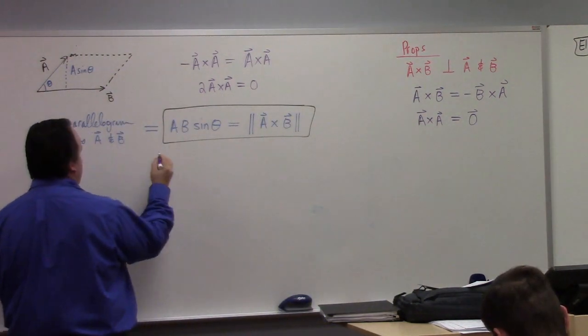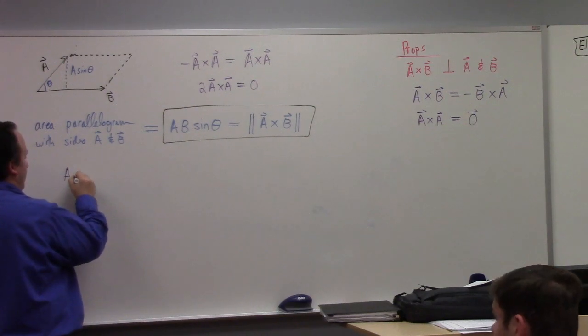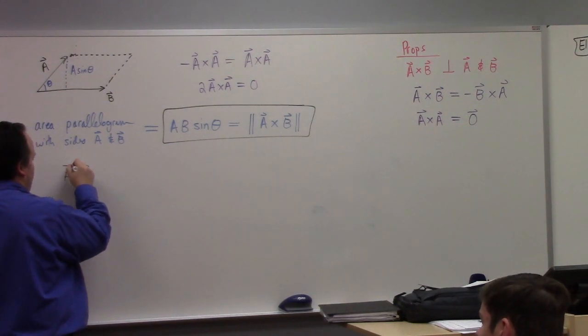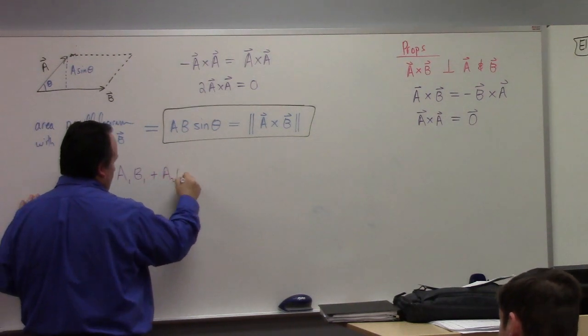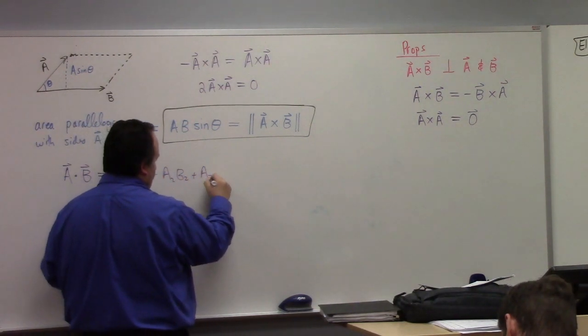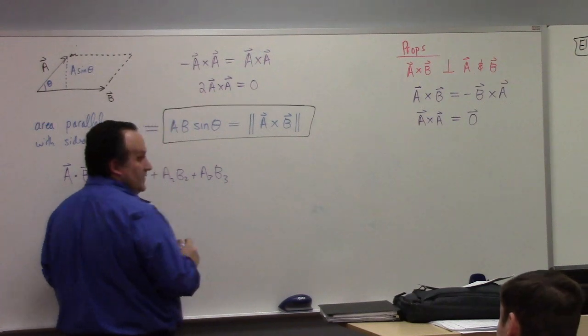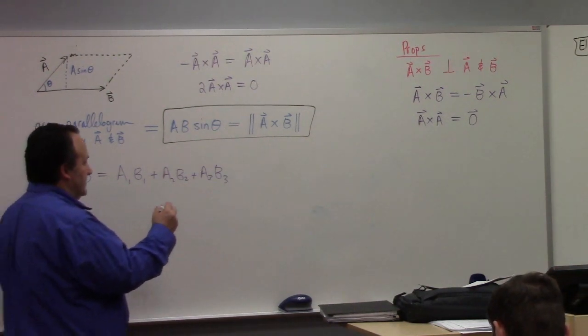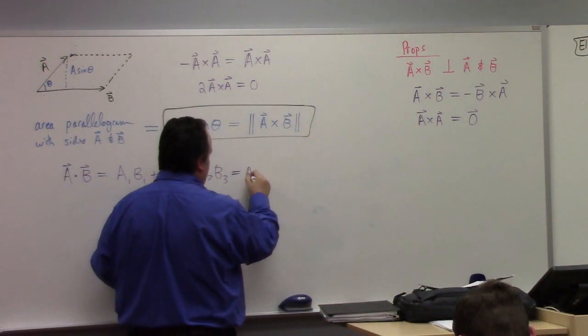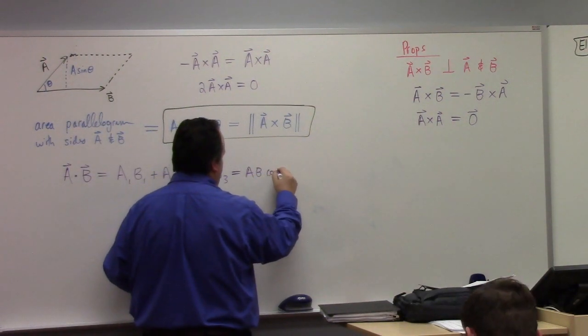So the dot product, in contrast, A dot B in 3 dimensions, that's A1 B1 plus A2 B2 plus A3 B3. The dot product is sometimes called the scalar product because it gives you a scalar, a number, right? And it's equal to AB cosine theta, right?